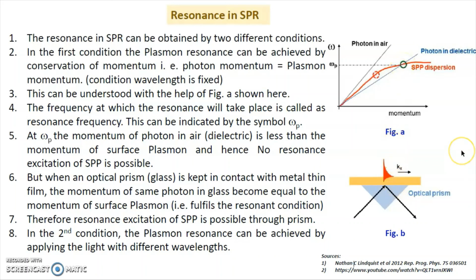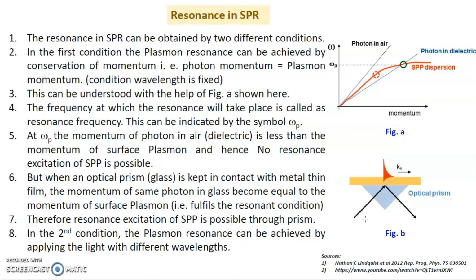But suppose, what is another case? Instead of this prism, instead of this monochromatic light, you can just keep changing the wavelength of incident light. I have already told you that for different wavelengths we are also changing the frequency of light.